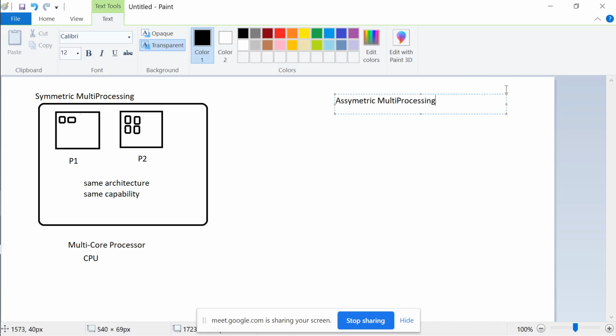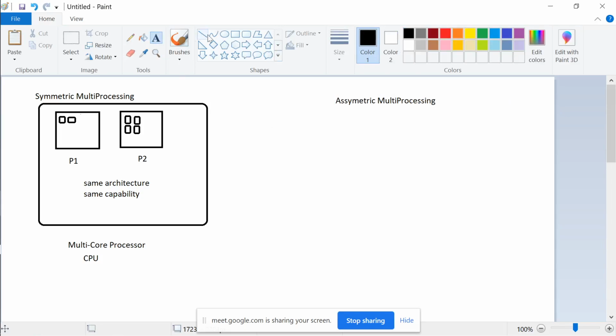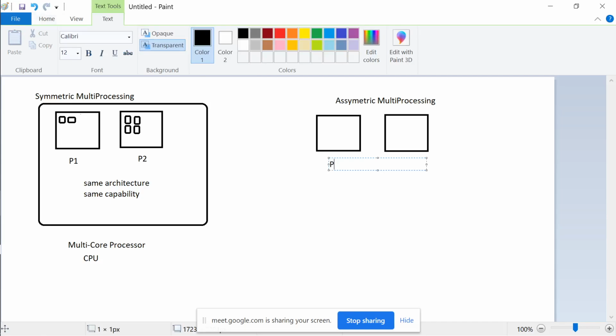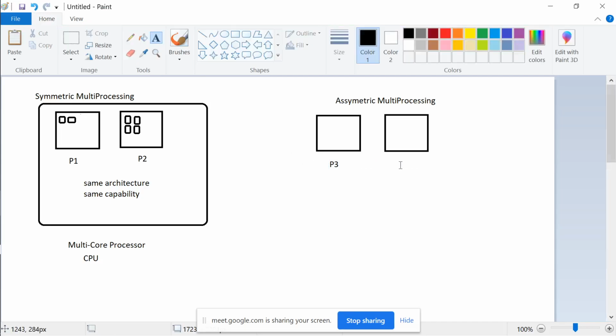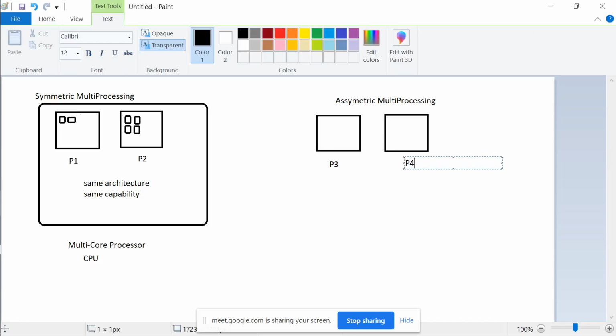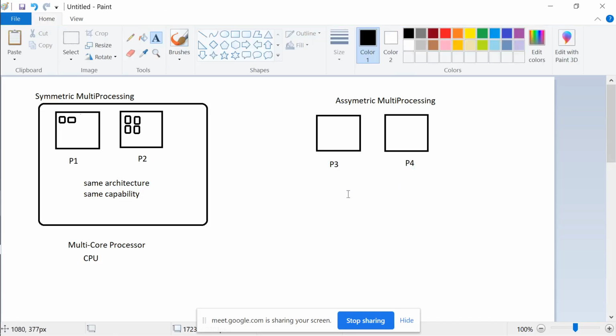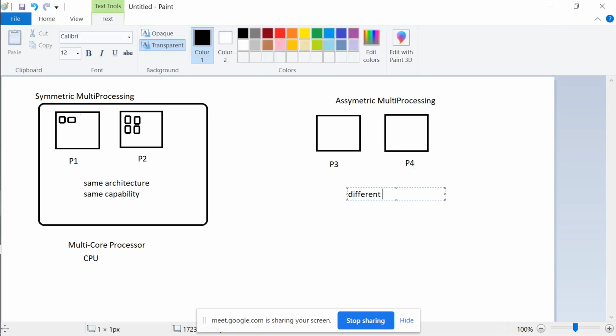If in symmetric multiprocessing all the processors are of the same capability, then definitely in asymmetric, if there are two processors, let's say P3 and P4, then what are we saying? They are of different architecture and different capabilities.